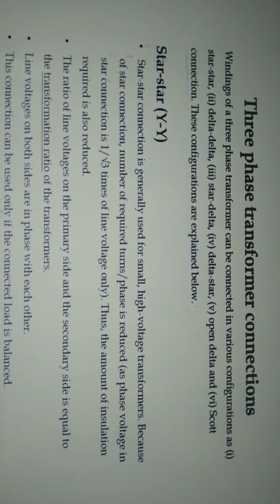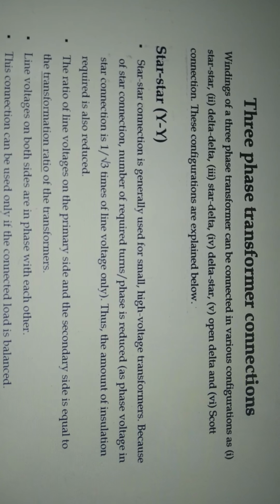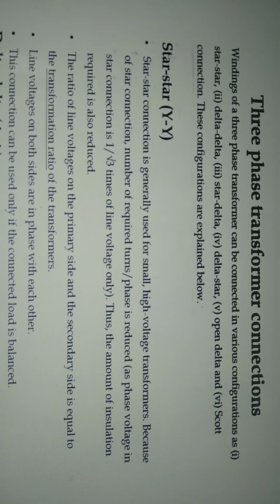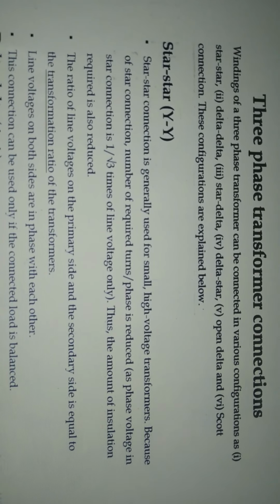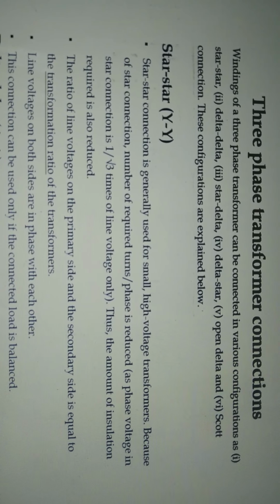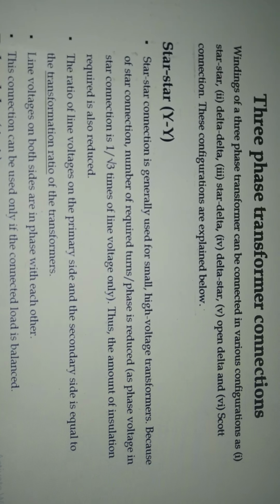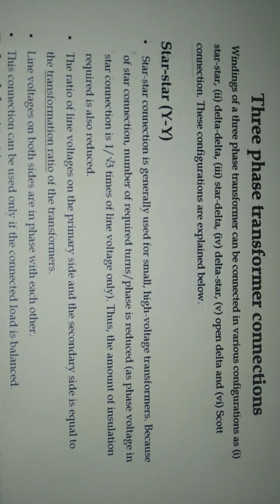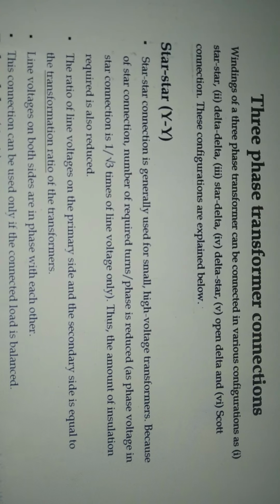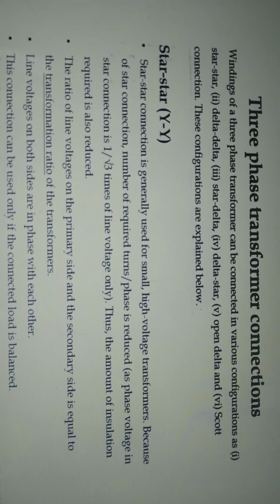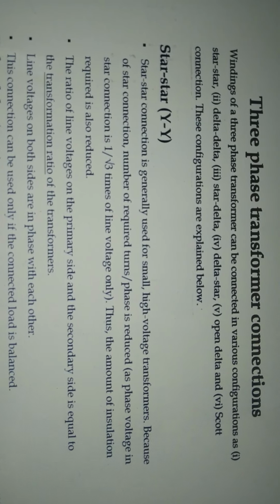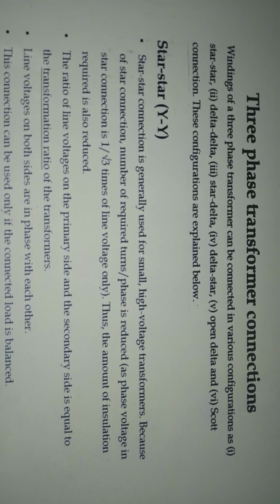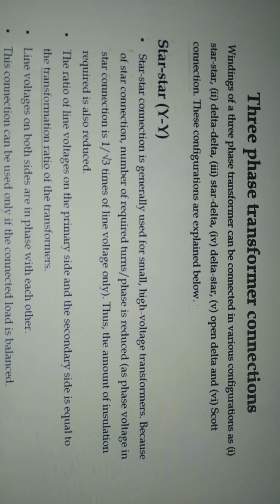Fifth one is open delta, and sixth one, last one, is Scott connection. These last two are special cases. We are going to discuss the first 4 types of three-phase transformer connections, which we use daily for different transformers in different applications.